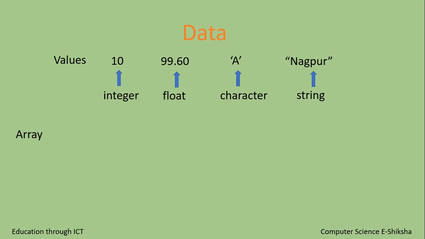Array is defined as a collection of homogeneous data elements which is stored in sequential memory locations, and we depict that array as boxes in a continuous manner. We give this array a name and we identify every value of this array by the index like 0, 1, 2, 3, and so on.